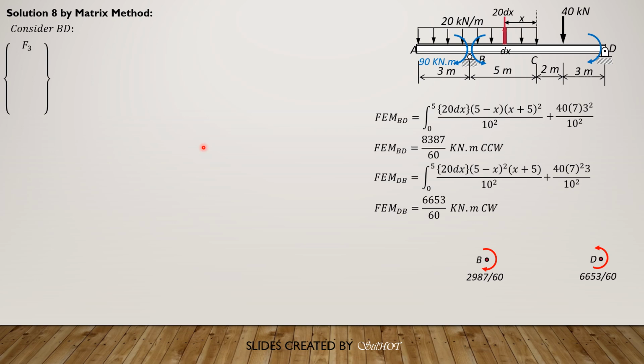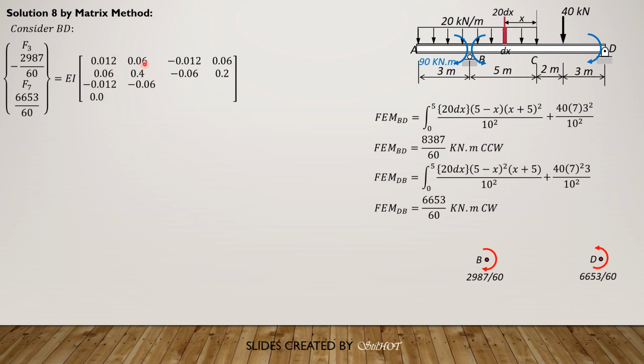So consider BD, force F3, then negative 2987 over 60, F7, not important because there's no displacement, then 6653 over 60 counterclockwise positive. So 12 times 1 divided by 10 cube is 0.012. 0.06 is 6 times EI of 1 over 10 square, so 0.06. Then the negative of the first entry here, then you copy the second entry.